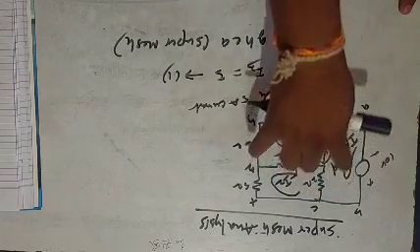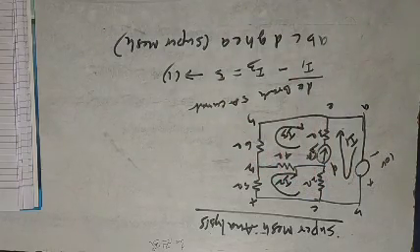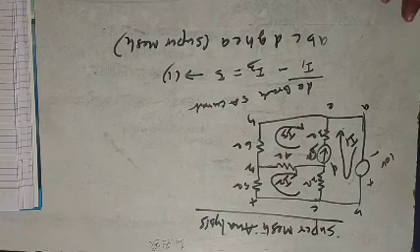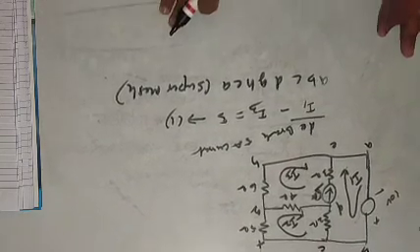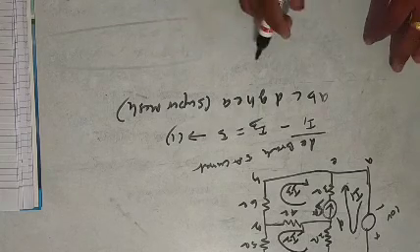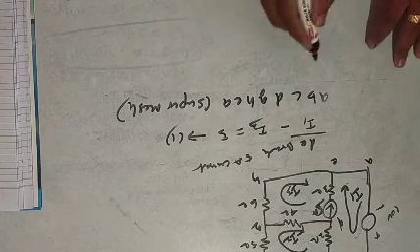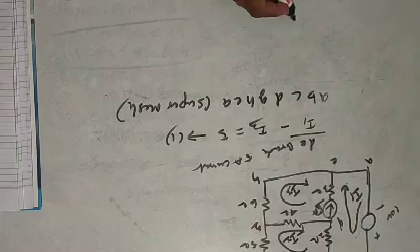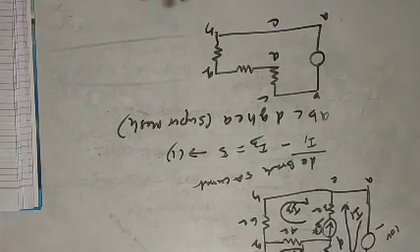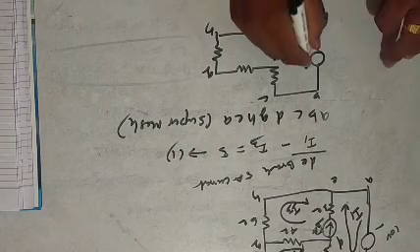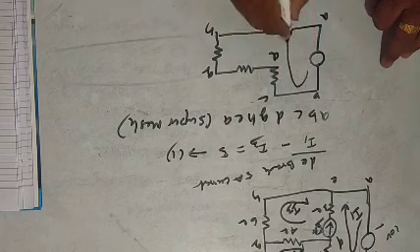See, this mesh I1 and I3 mesh is now totally a single mesh. Now the circuit looks like this, the supermesh circuit. This is the direction of the current I1.